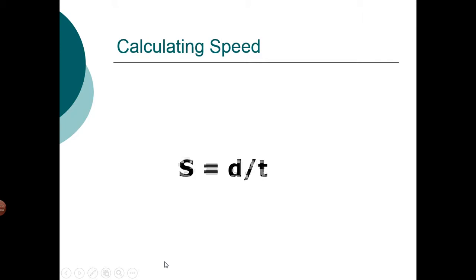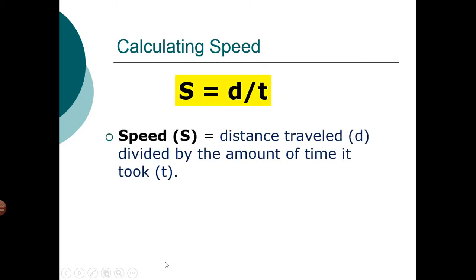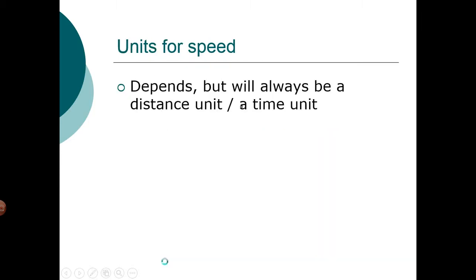Calculating speed. The formula for calculating speed is S equals D divided by T. This stands for distance traveled divided by the time it took. The units for speed depend on what's being measured.